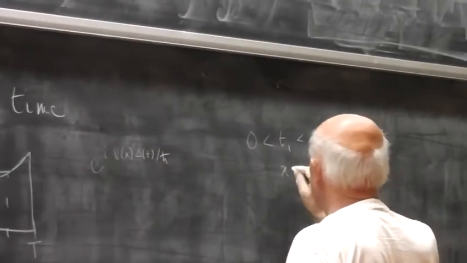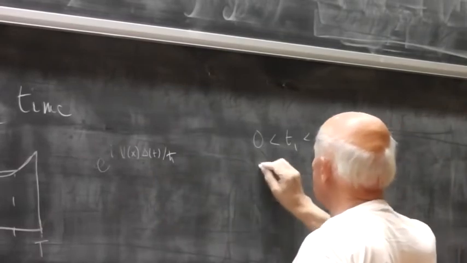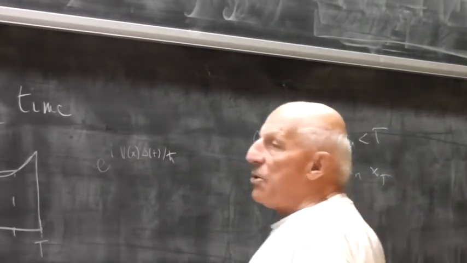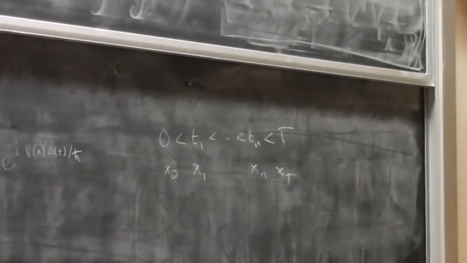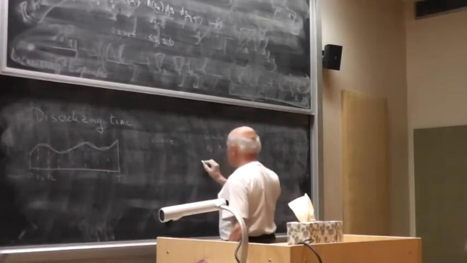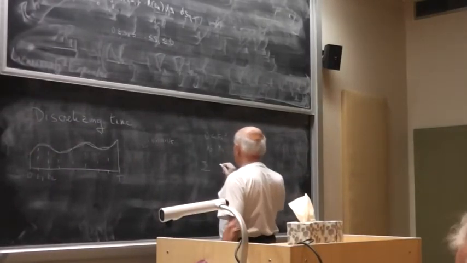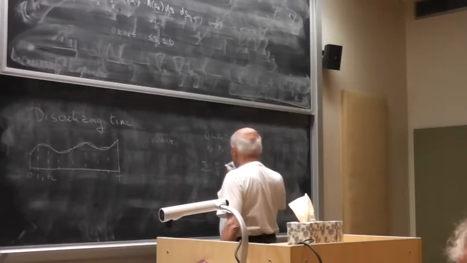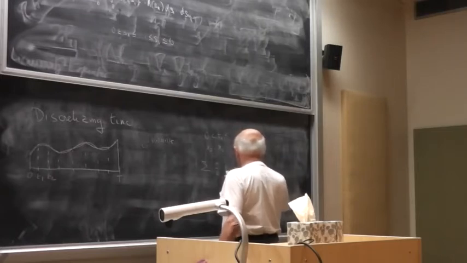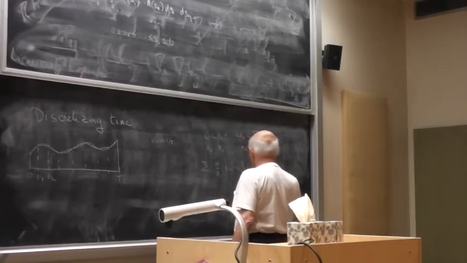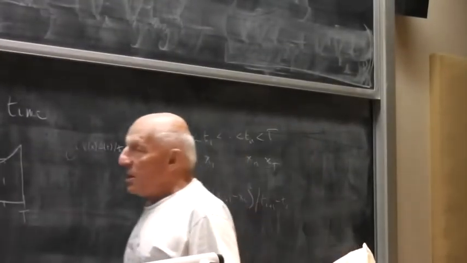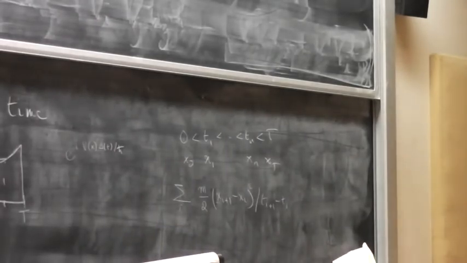You have the corresponding positions x0, x1, ..., xn, and the final x at t. Then you replace this integral by a Riemann sum, which is the sum over i of m over 2, (x_{i+1} minus x_i) squared, divided by (t_{i+1} minus t_i), which is a discrete form of integrating m over 2 x dot squared dt.